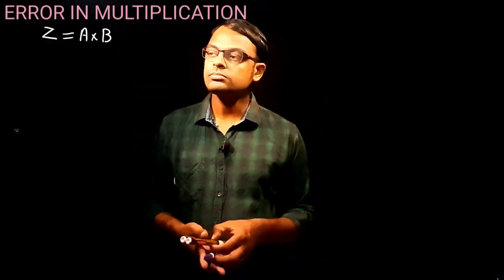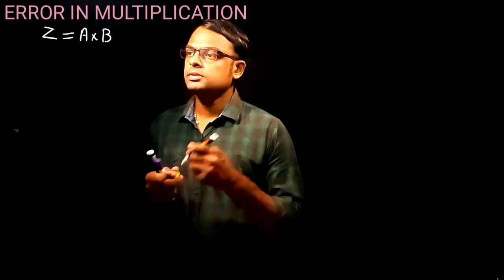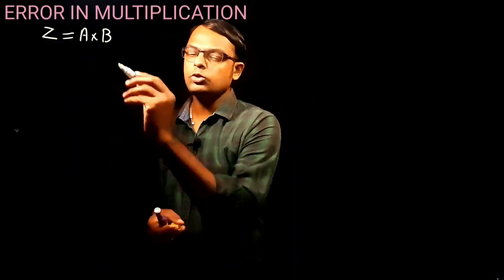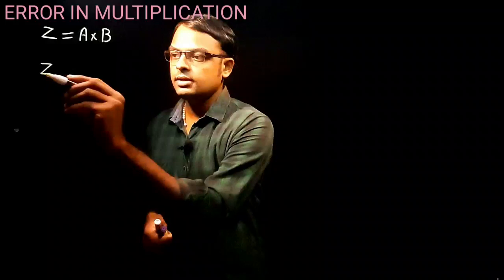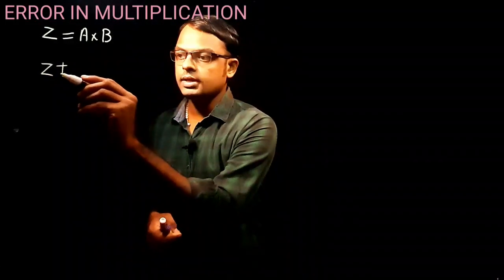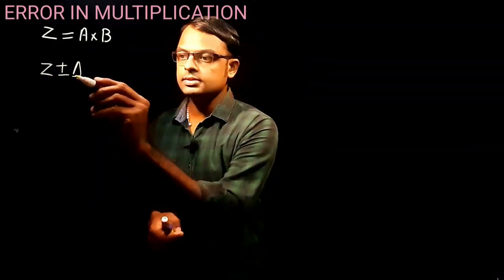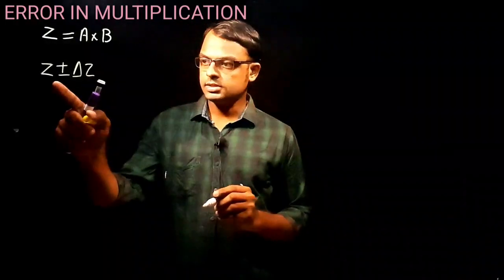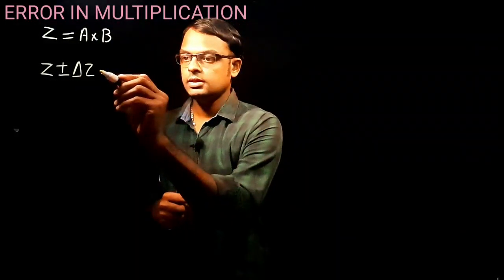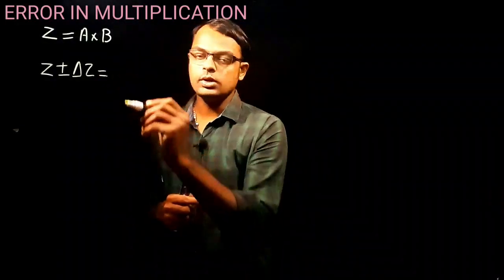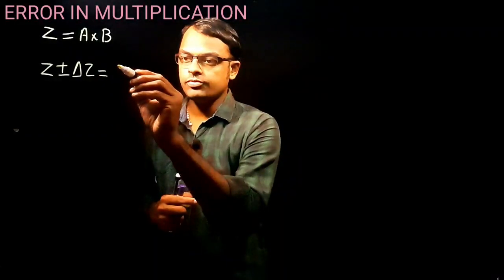Okay. Now just imagine Z is equal to A into B. So I can write this equation as Z plus or minus delta Z, that means the final result and the plus or minus absolute error in that final result, is equal to, now what is A? A is one of the physical quantities.